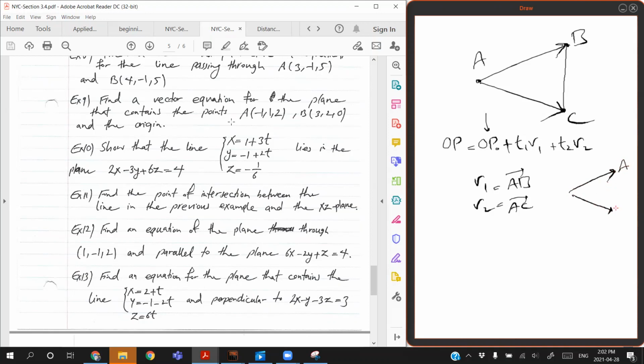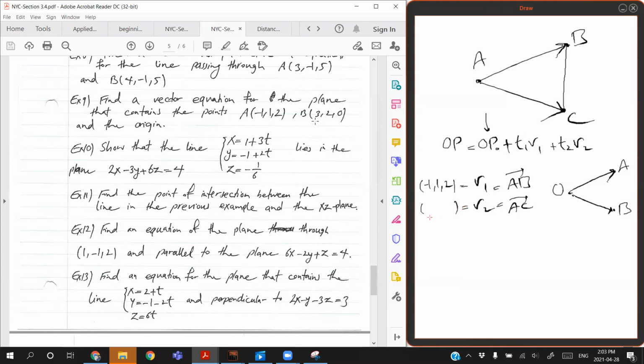This is, let's say, point A, this is point B, and this is the origin. So for this problem, the vector OA is going to have the same components as point A. So I can use -1, 1, 2. That would be the same as the vector OA.